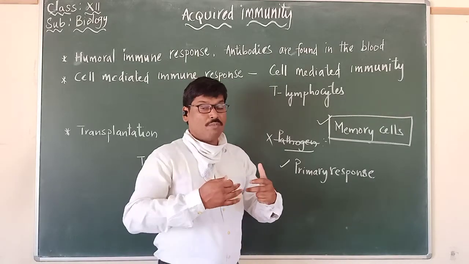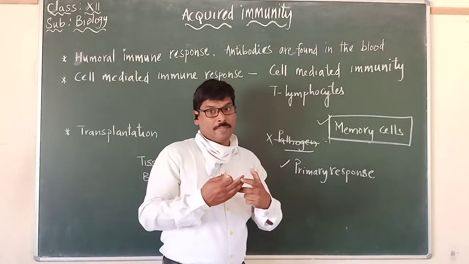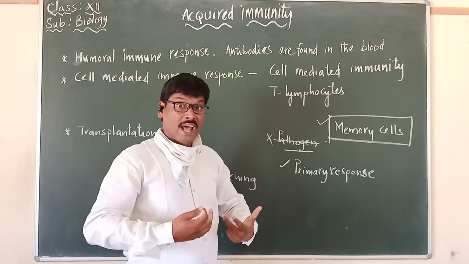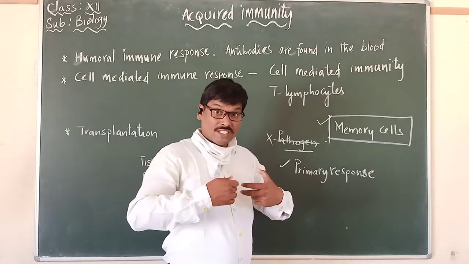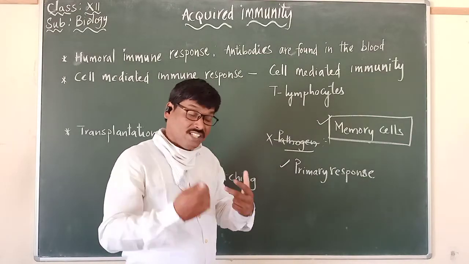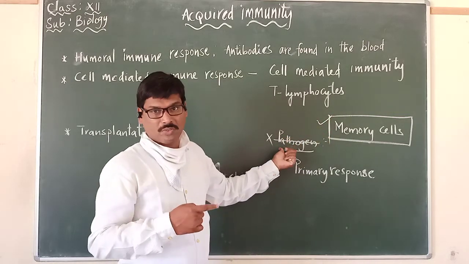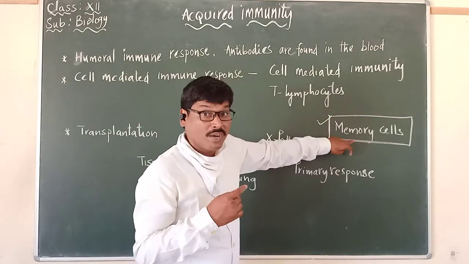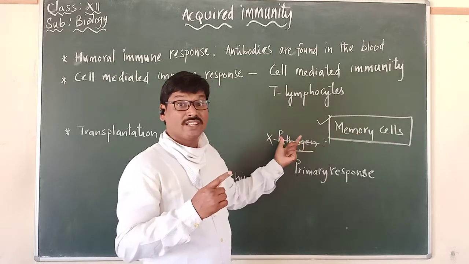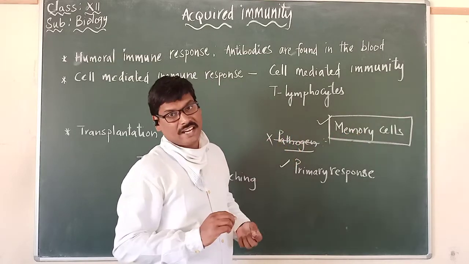The disease will not be so severe because there are already inbuilt cells which can easily recognize that pathogen, since they already fought with it. Those are called memory cells, and they destroy the pathogen when it enters a second time.